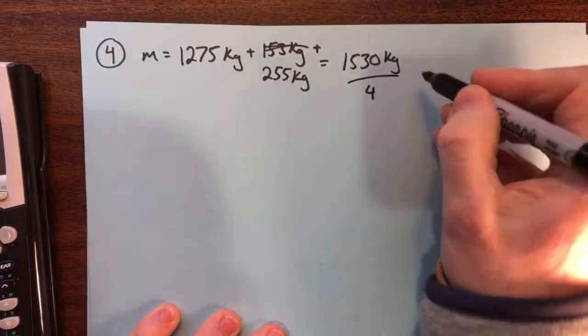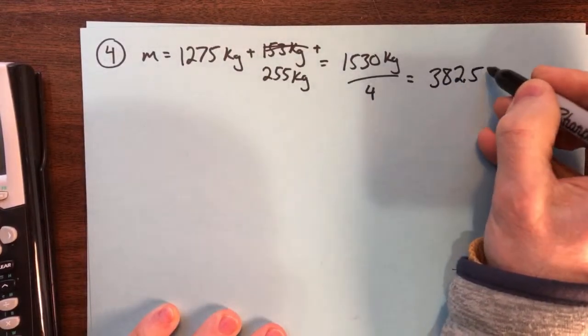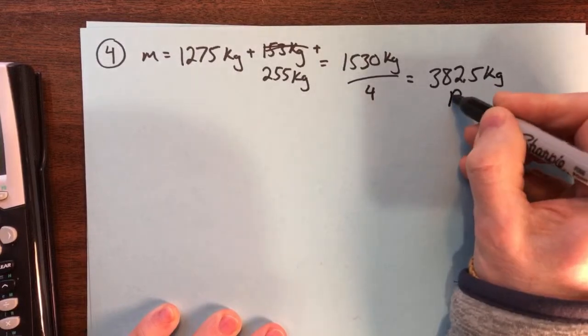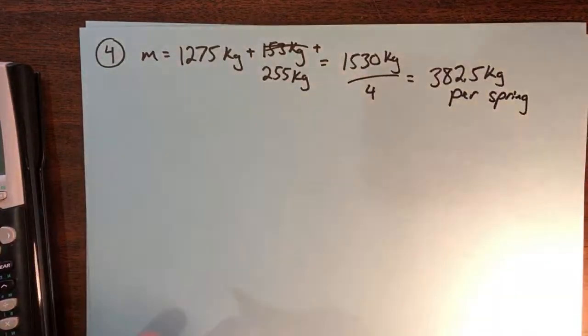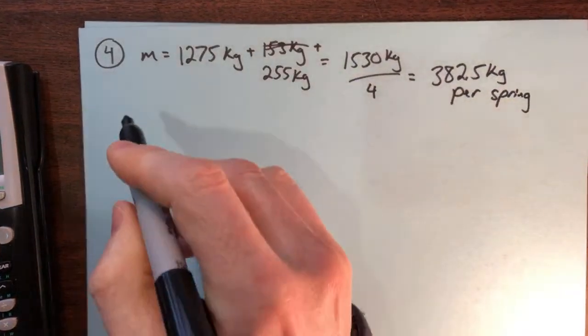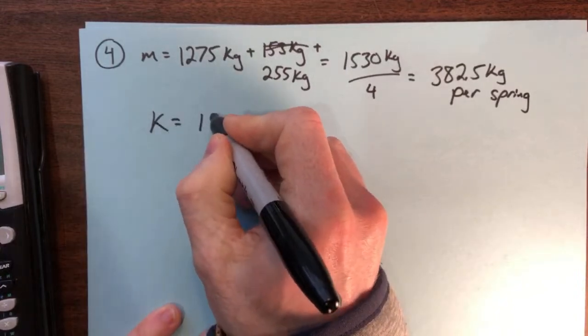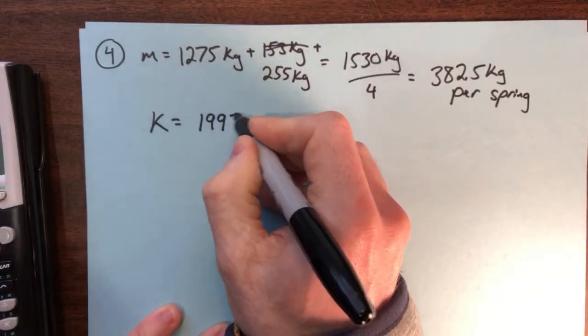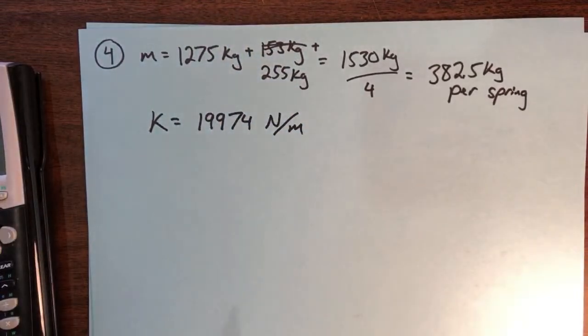Divided by 4, that's going to get me 382.5 kgs per spring. Okay. The spring constant, if you recall from the sample problem, we got a K value of 19974 newtons per meter.